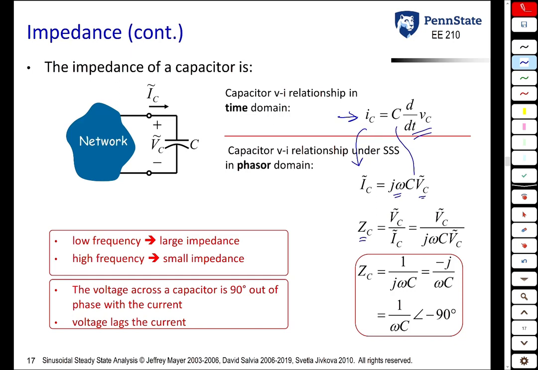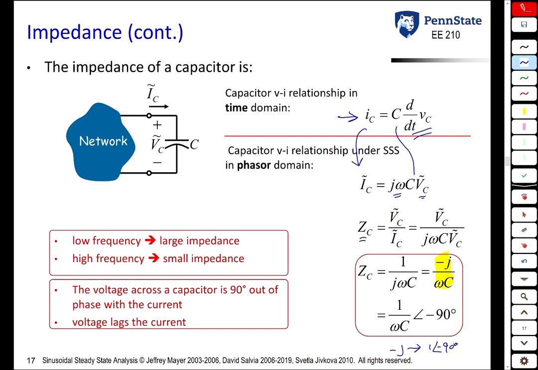So Z_C, the impedance associated with the capacitor, once again is the voltage phasor divided by the current phasor. It's going to be 1 over j omega C, or negative j over omega C. And likewise, we can express this in polar form as 1 over omega C at an angle of minus 90 degrees, and that's because minus j in rectangular coordinates is 1 at an angle of minus 90 degrees in polar coordinates.